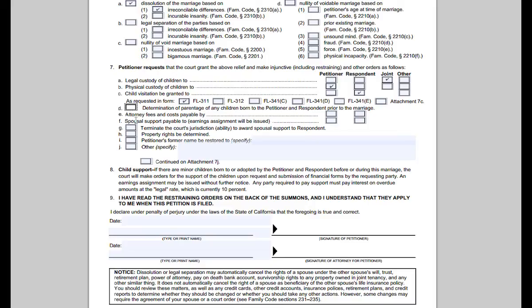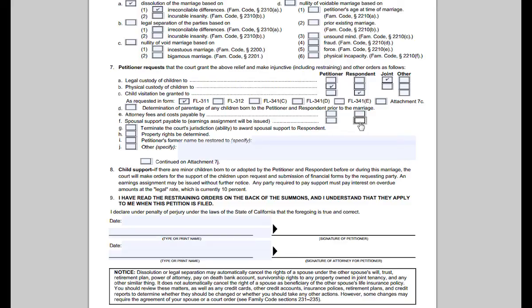Now for 7F, if you want spousal support, check the petitioner box, like this. If you want to give spousal support to the respondent, check the respondent box, like this. And for our example, we're also going to leave these boxes blank.